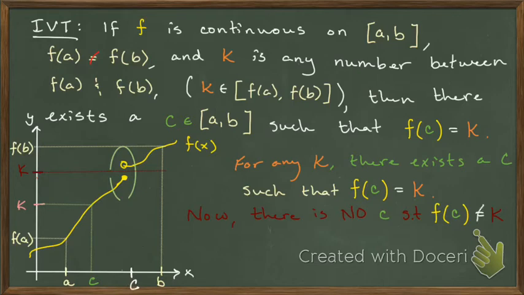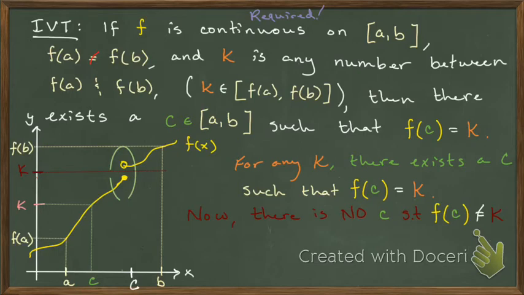This is not equal to. So this part, that the function is continuous, is definitely required in order for this theorem to be correctly applied. I have to have a continuous function for it to attain every value between two y values.